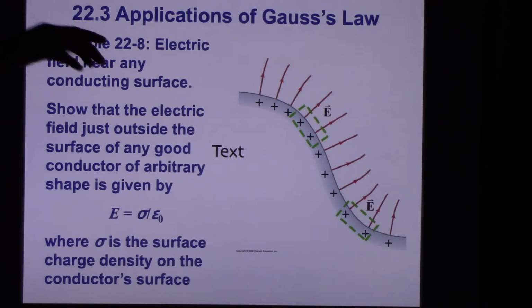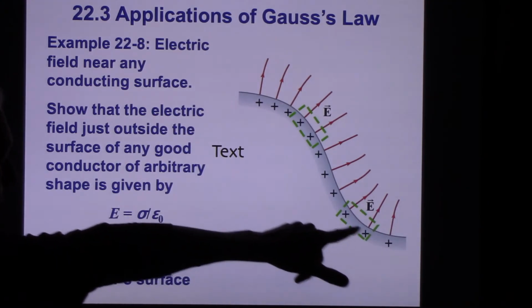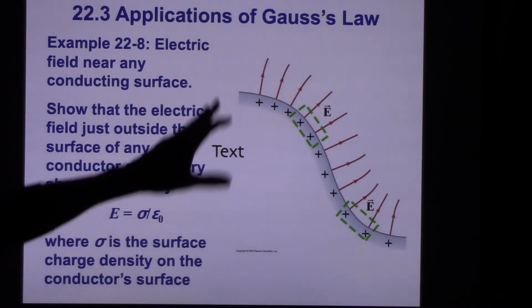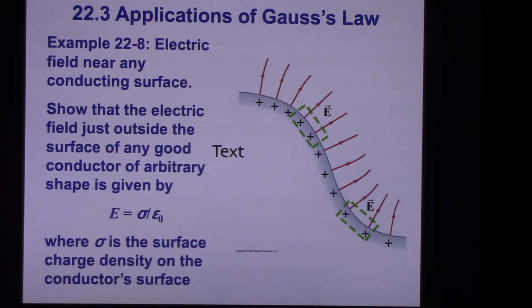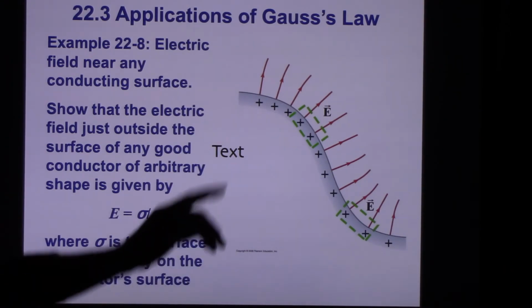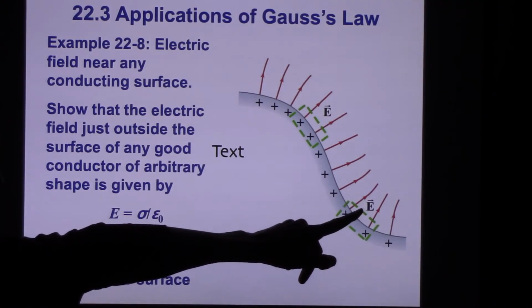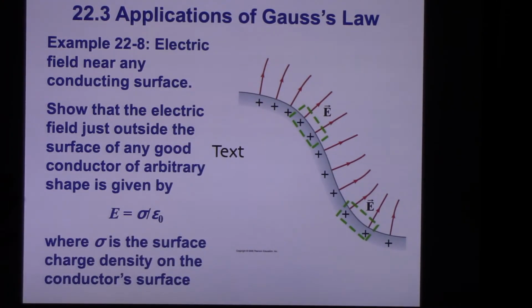We've got an electric field near any kind of a conducting surface. So here's a conductor. Now the E field within a conductor is 0. If there were an E field within a conductor, the charges would move around. Conductors are by definition objects that have charges, usually electrons, that are mobile and can move around within that volume. And so the electric field surrounding a charged conductor is directed away from the surface.